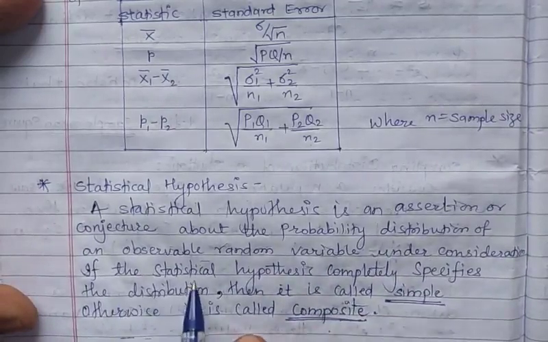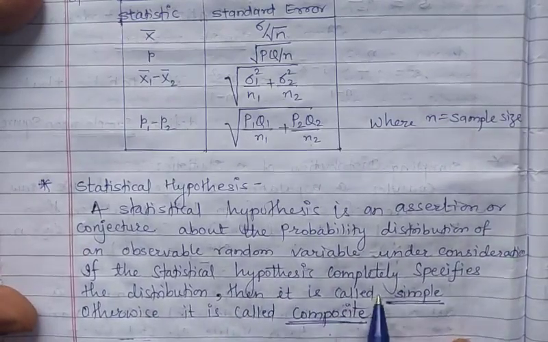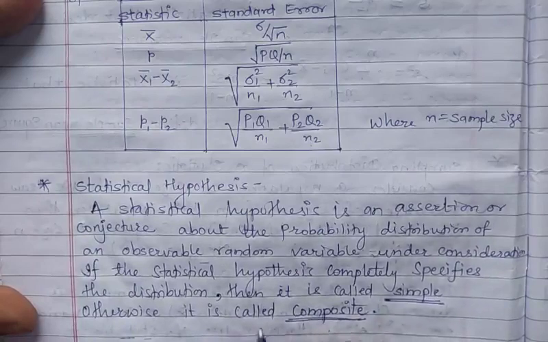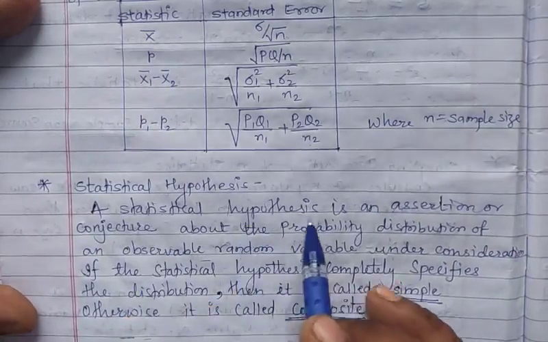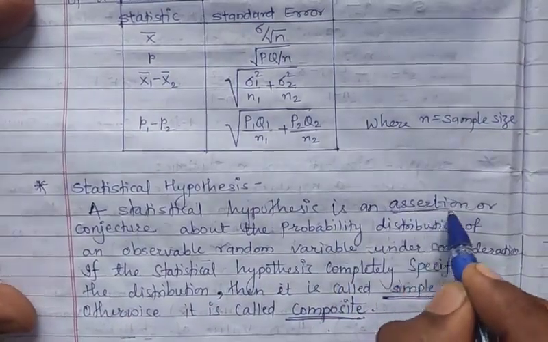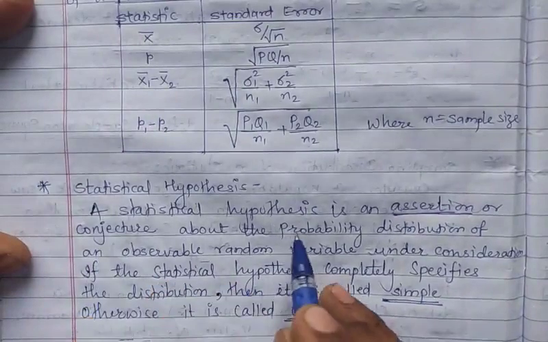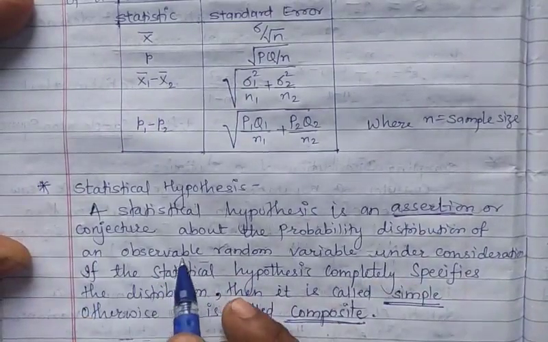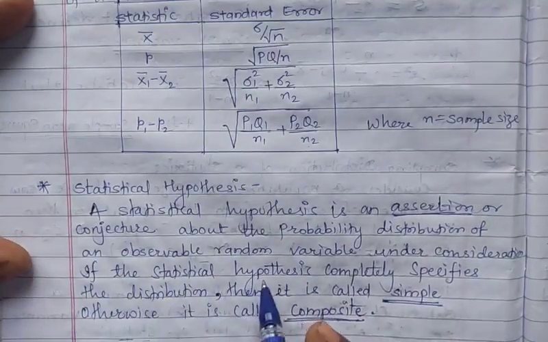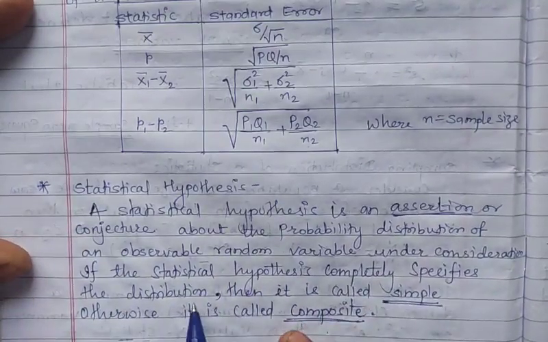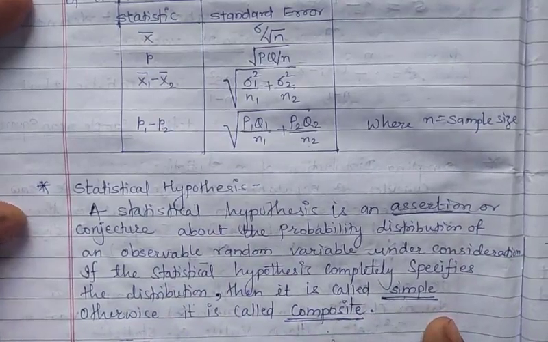If the statistical hypothesis completely specifies the distribution, then it is called simple, otherwise it is called composite. Remember this.